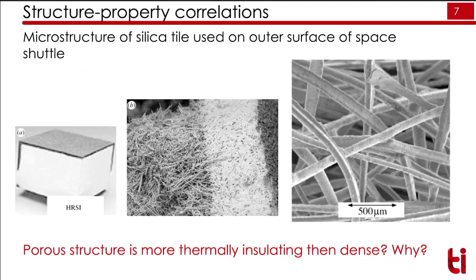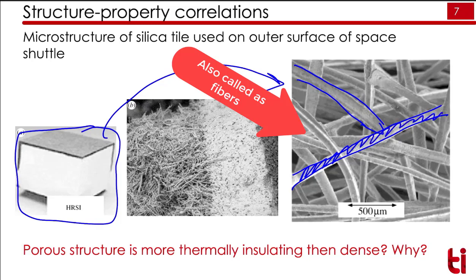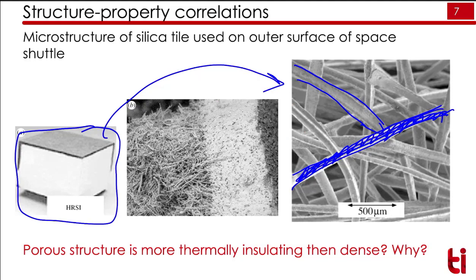The next example is of the silica tile used for the outer surface of the space shuttle, which is insulating in nature. This is the main tile used for the outer surface. If you see the microstructure under the electron microscope, you can see some wire-like structure. These are called nanowires. Here the size is in microns, so we can call them microwires or simply wires.